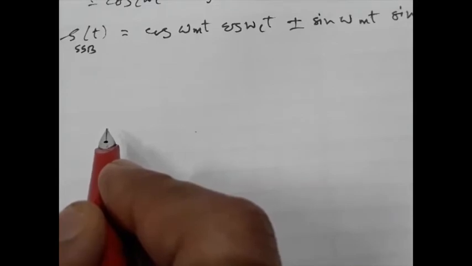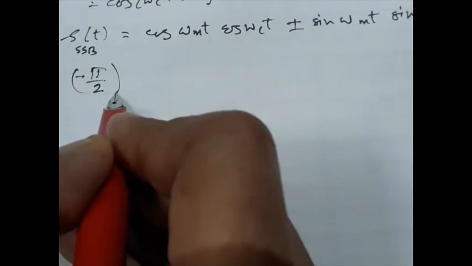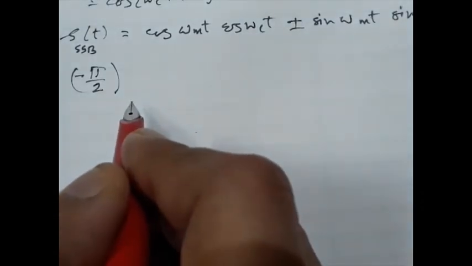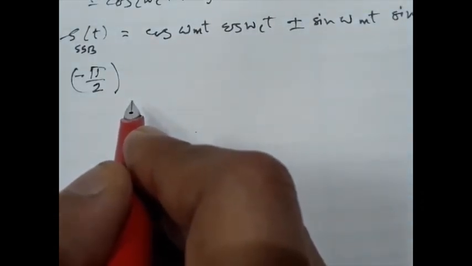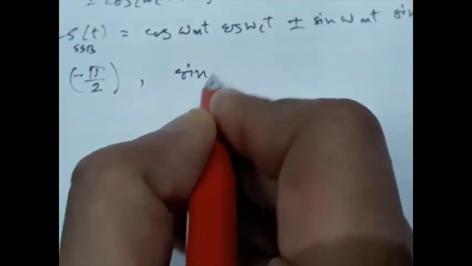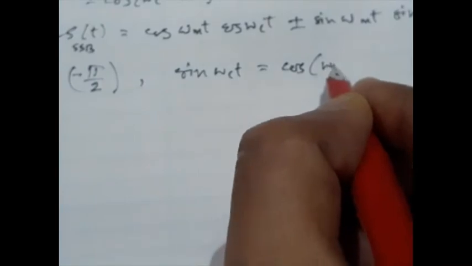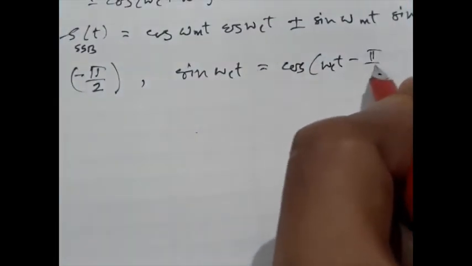The sine terms may be obtained using the corresponding cosine terms simply by giving a phase shift of minus pi by 2. So we can write sine of omega ct is actually cos of omega ct minus pi by 2.